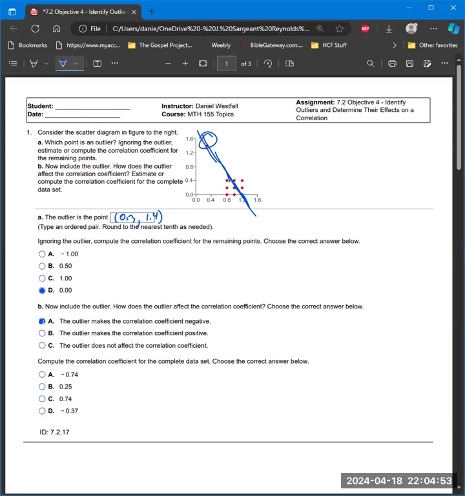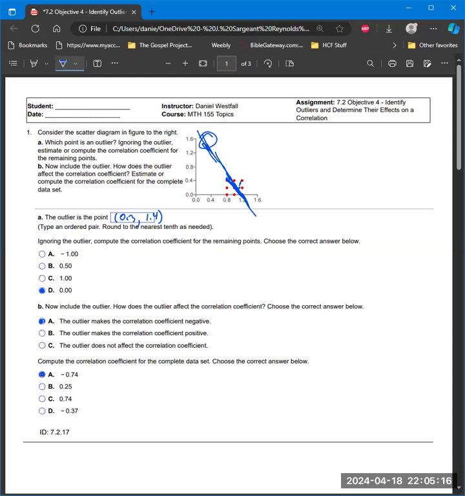And compute the correlation coefficient for the complete data set and choose the correct answer below. So that would be a moderately strong negative correlation coefficient. All these points would be on the line with this point, and these points would all be very close to the line.